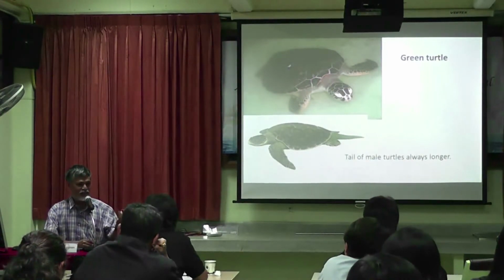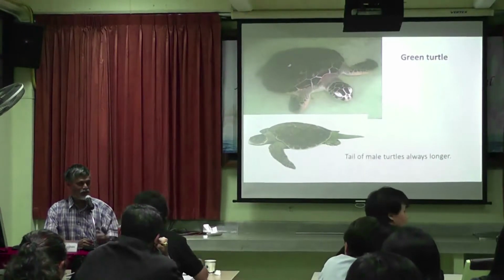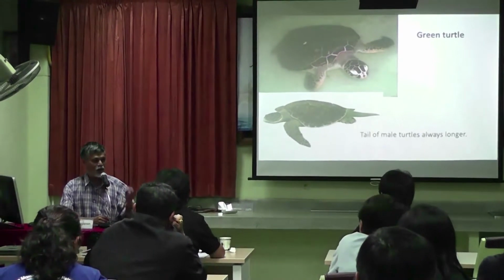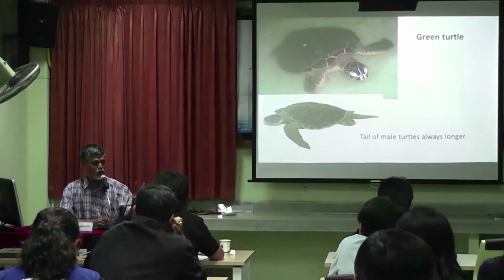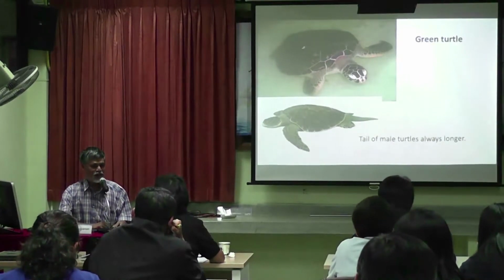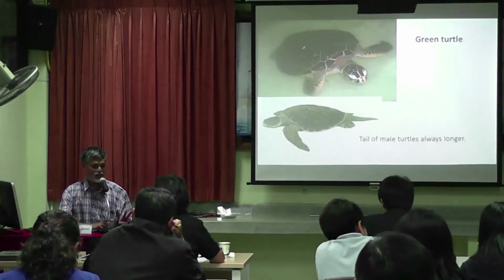Out of 2,500 eggs, only one pair may come back to the shore as spawners. It means 2 per 2,500, the survival rate in natural conditions.